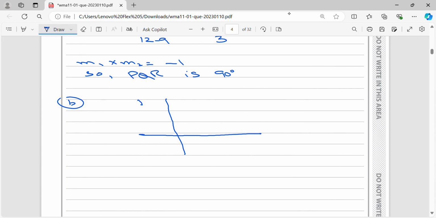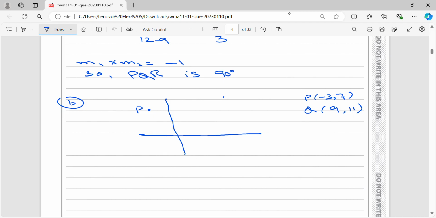Coordinate P is (-3, 7). So let's say -3 here and 7 somewhere here. So this is P. Q is (9, 11), so 9 and 11 somewhere here, above 7.